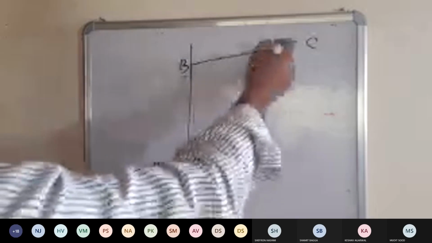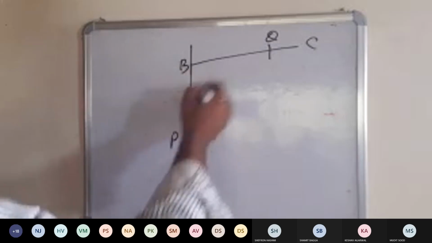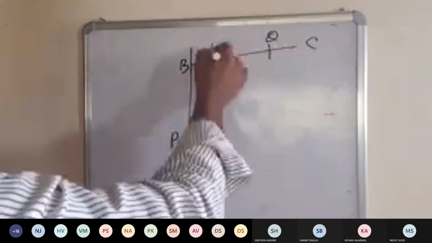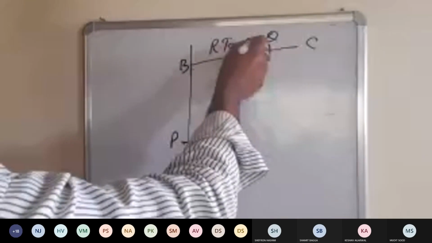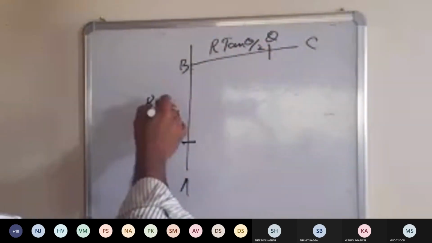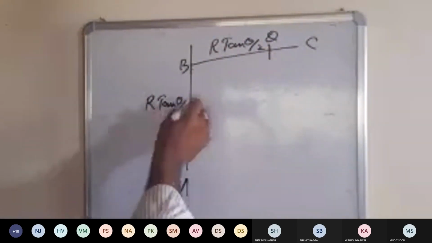So what you have done is that you have decided radius R. दूसरे पॉइंट में आपने कहा कि draw initial and final course AB and BC. तीसरे पॉइंट में आपने कहा कि on AB and BC cut 2 points P and Q such that PB is equal to BQ is equal to R tan θ/2. ठीक है?